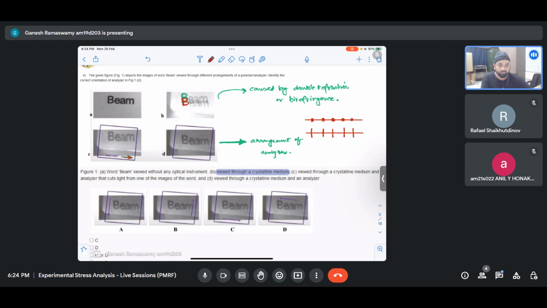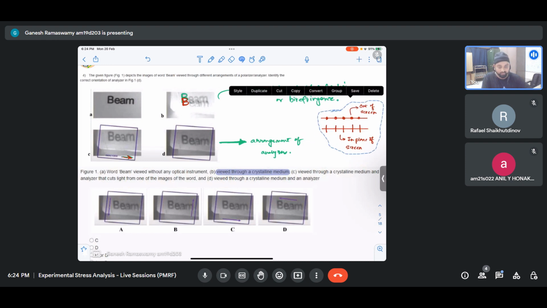That is in the plane of the screen. So this is in plane, and this is out of screen. These are the two polarization states that are prevalent because of double refraction or birefringence.